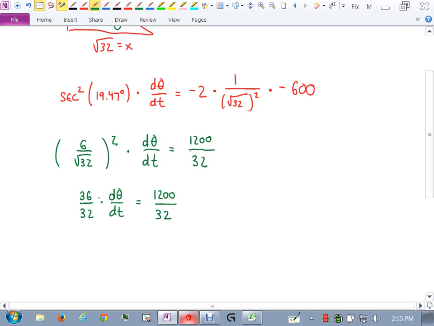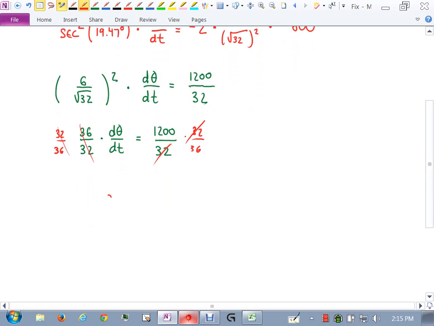Y'all still there? And now what I'll do is I'll get d theta/dt by multiplying both sides by the reciprocal. So 32 over 36 on both sides. We get the 32s to cancel. 1200 divided by 36 is 33.3.